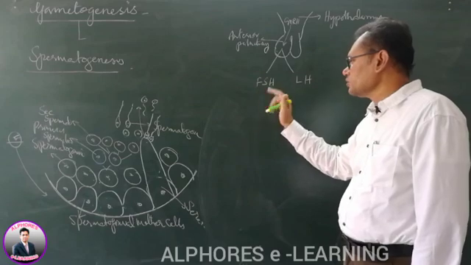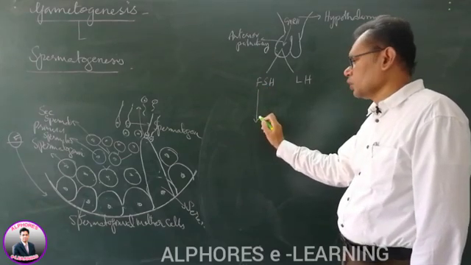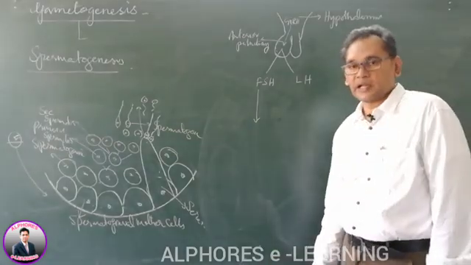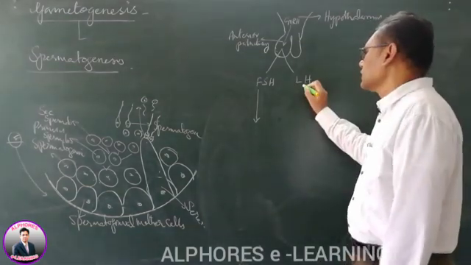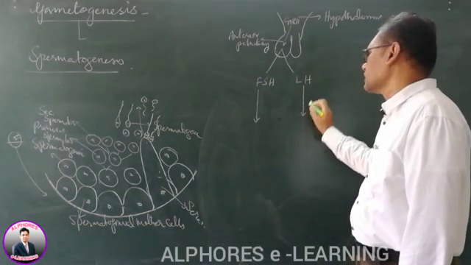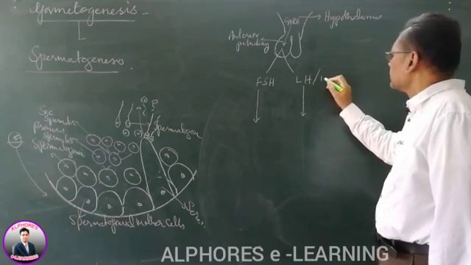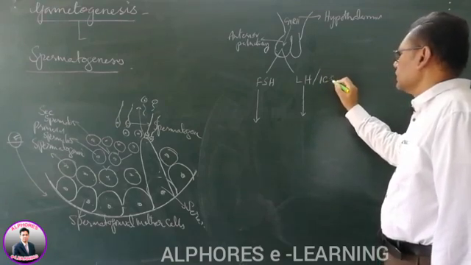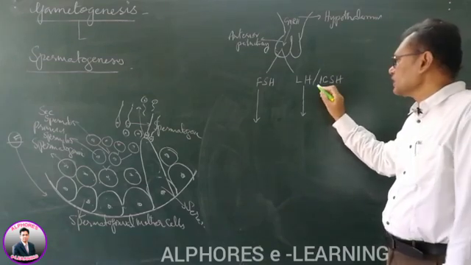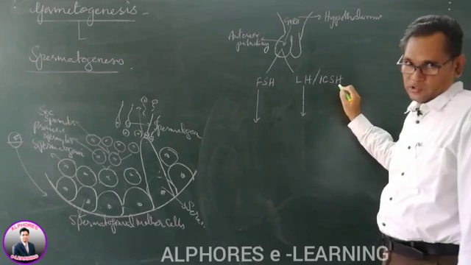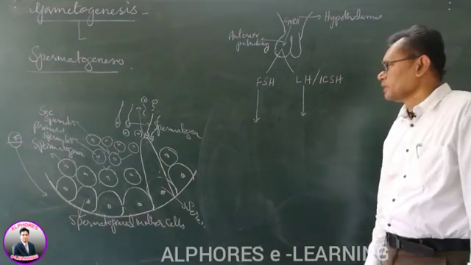FSH, follicle stimulating hormone, acts on which cells? It acts on the germinal epithelium. Whereas luteinizing hormone, otherwise also called ICSH, interstitial cell stimulating hormone, also called LH.